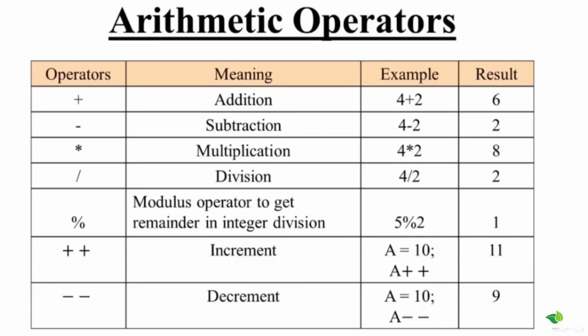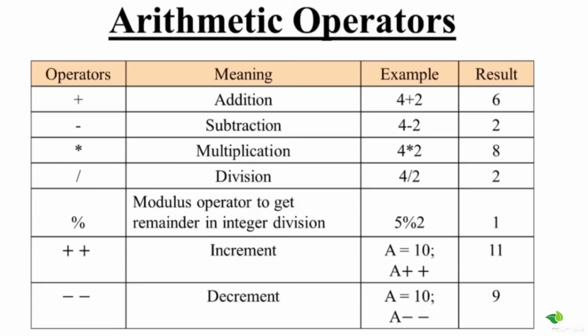So the division operator will take the quotient part, while the modulus symbol will take the remainder part. Both are related to division only. One deals with the quotient, the other deals with the remainder.